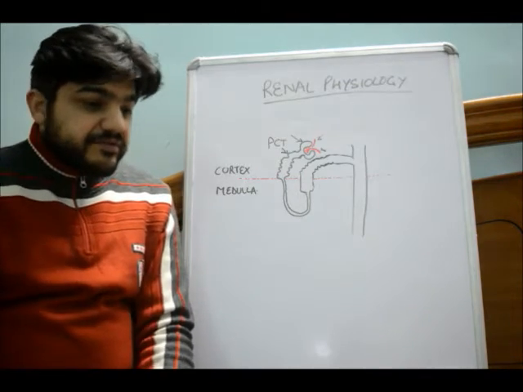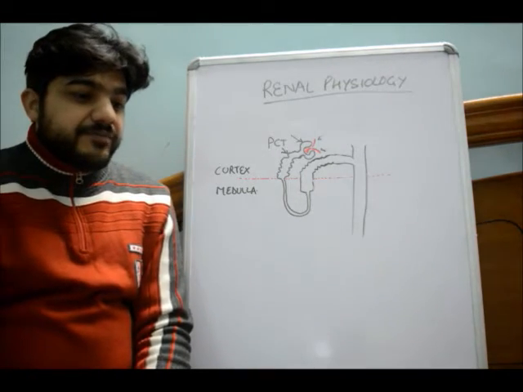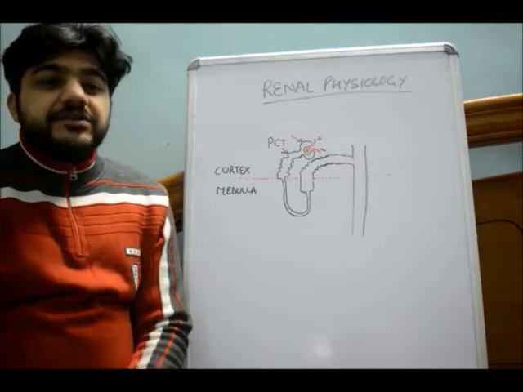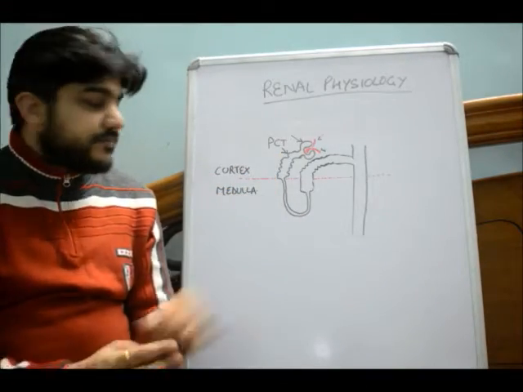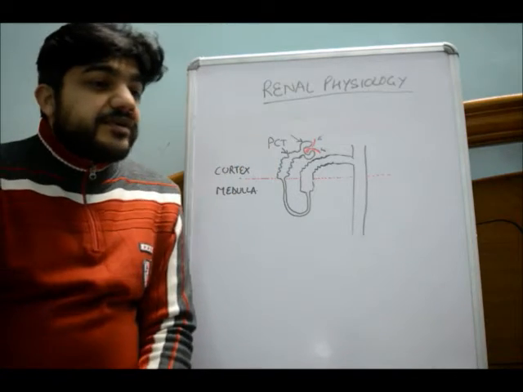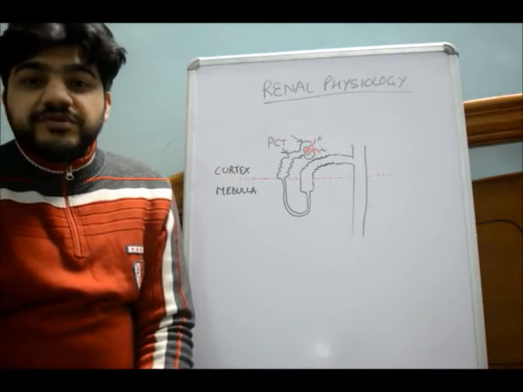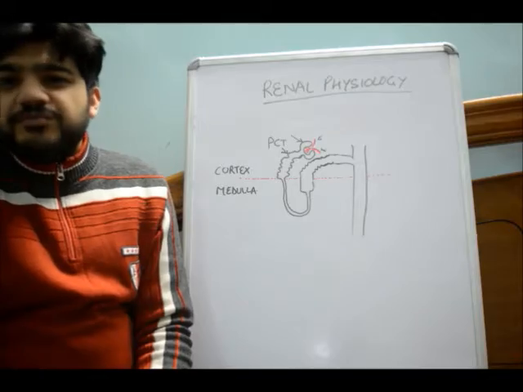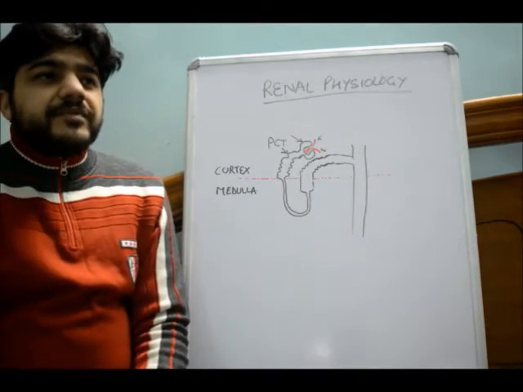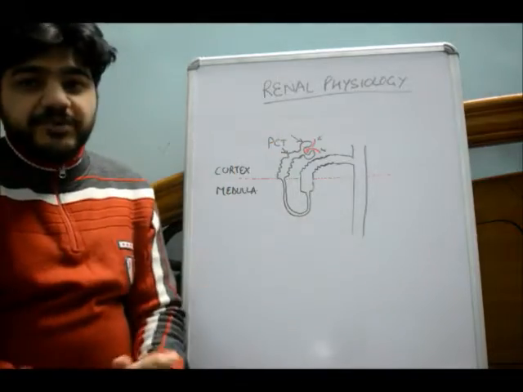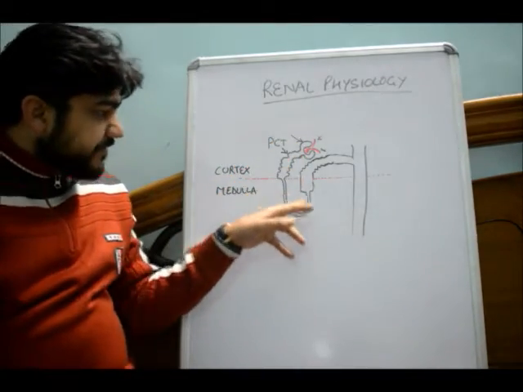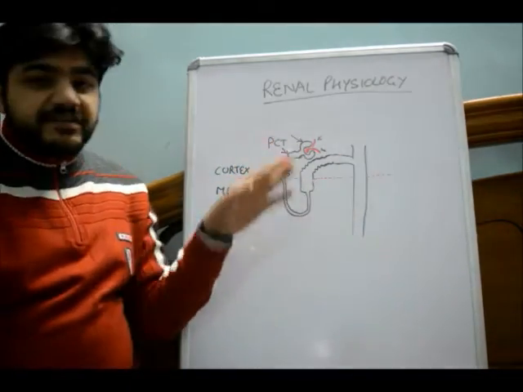As I am telling you, 180 liters is filtered from this glomerulus, and you know that the urine output is not more than 1 or 1.5 liters. So most of whatever is filtered is reabsorbed, and that reabsorption occurs in these segments.